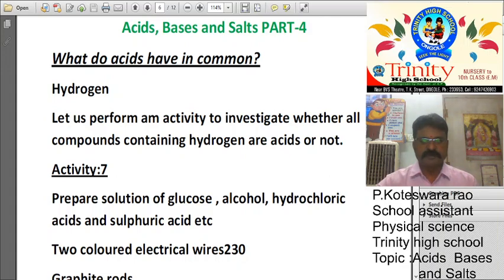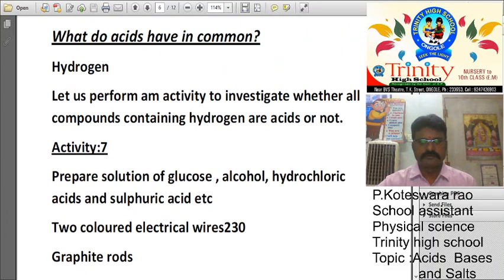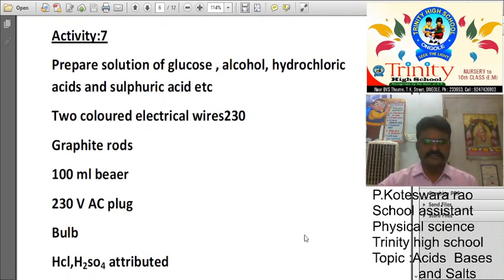Here we first want to prepare a solution of glucose. Do you know about glucose? Glucose is a solid, like a salt-nature substance. Prepare a solution of glucose. Alcohol, I think you know about that one.